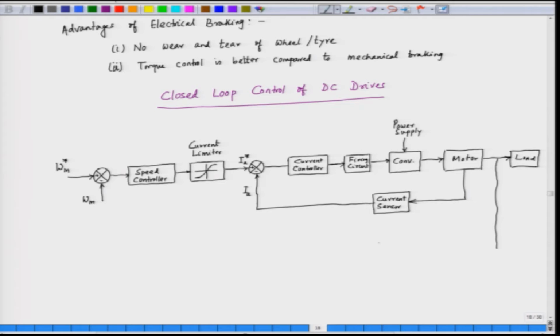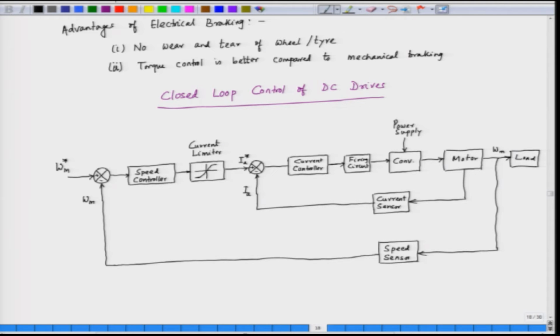We have a speed sensor, the speed sensor senses the mechanical speed of the motor, which is omega m, and the speed sensor feeds back the speed to the input side of the controller as a feedback speed. So, this is the closed loop block diagram of a DC drive.